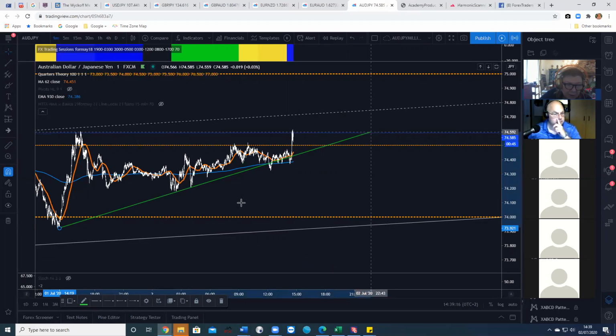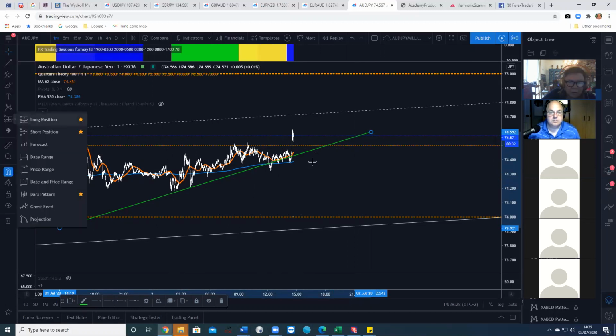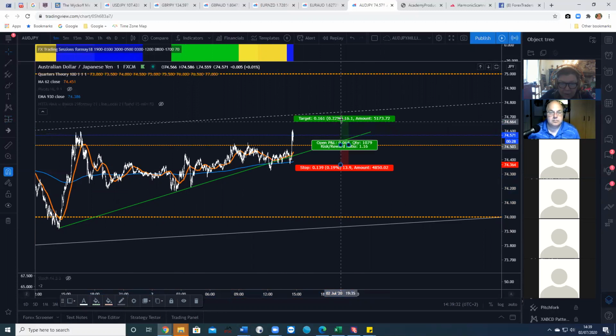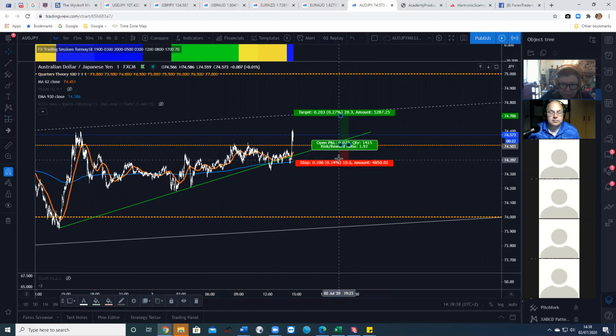I think that's about the best touches there, back here, and touches in there. So it's above the trend line. Then put your long position on for a buy. So 20 pips would take you up to that pitchfork, 10 pips stop loss.